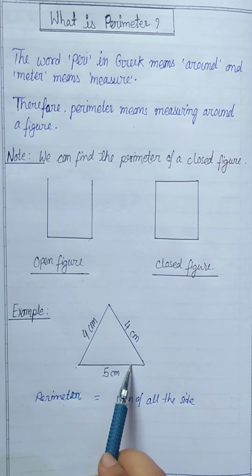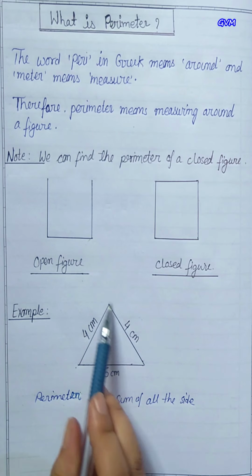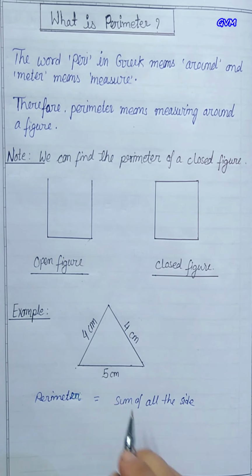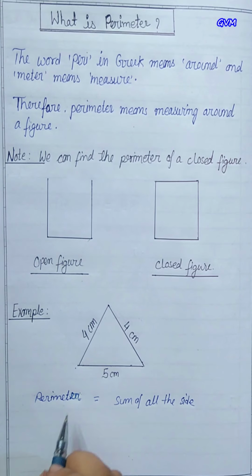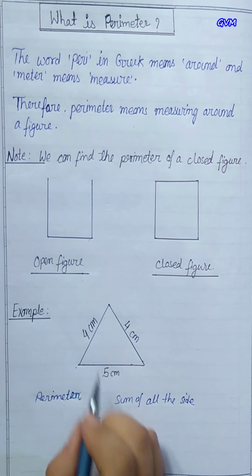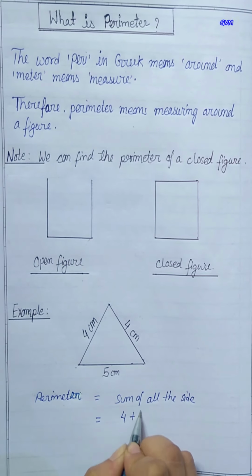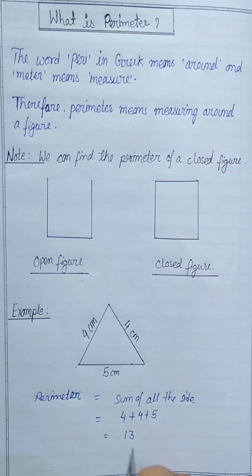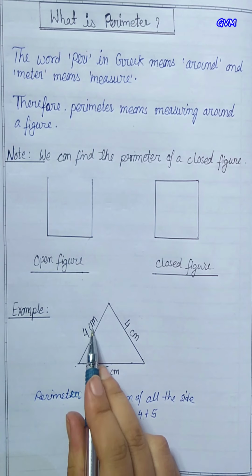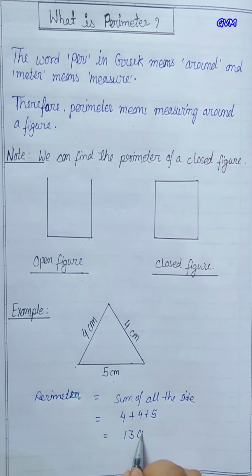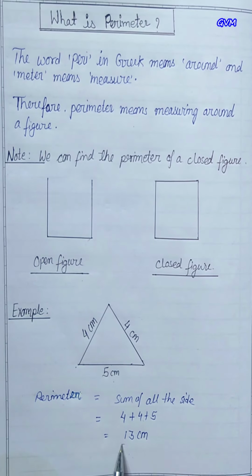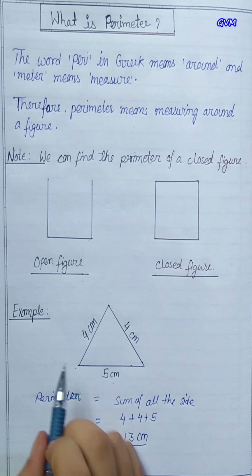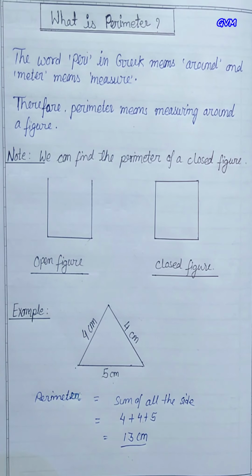When we add these 3 sides, this will make this boundary. Okay. So the sum of all the sides is the perimeter. So the sum is 4 plus 4 plus 5 is 13. And because the unit is centimeter, so centimeter. 13 centimeter is the perimeter of this figure, which is a triangle. Okay. So similarly, you can find out the perimeter of any kind of closed figure.